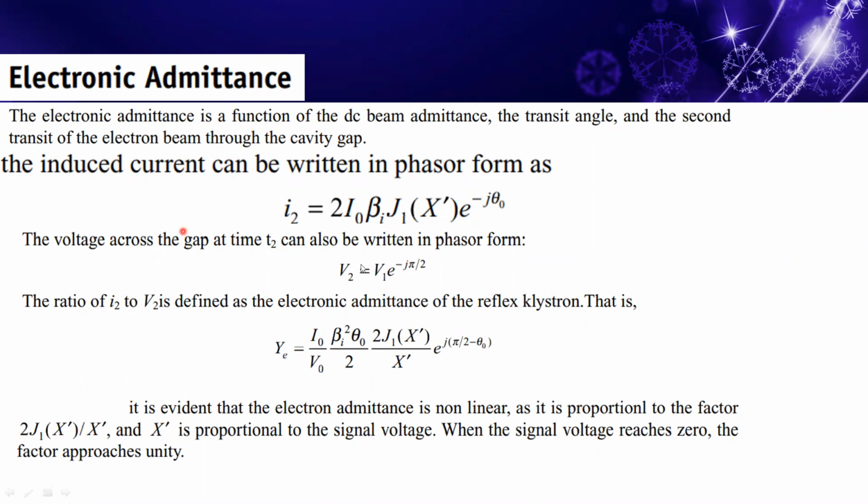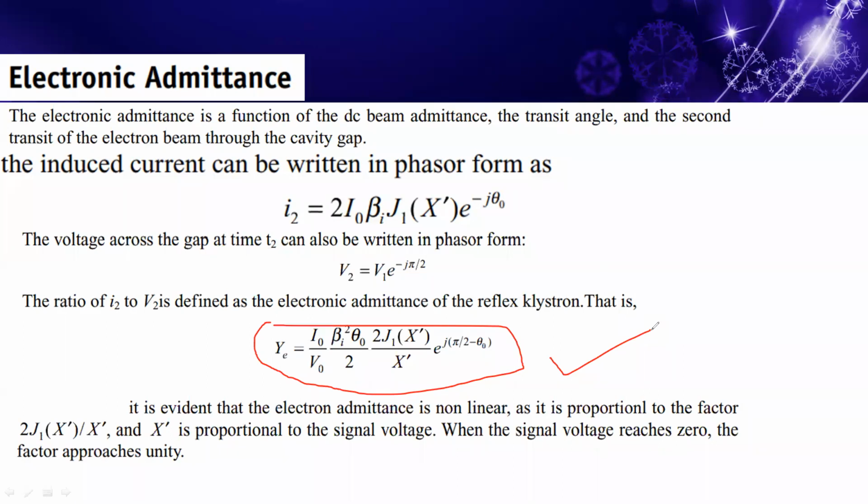What is I2 here? 2 I naught, and V2 equals that. Dividing I2 by V2, here I got the admittance equation.